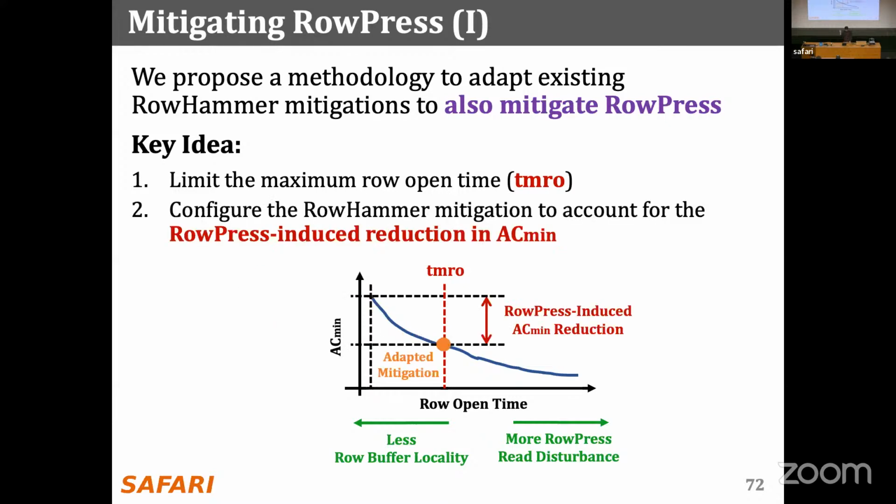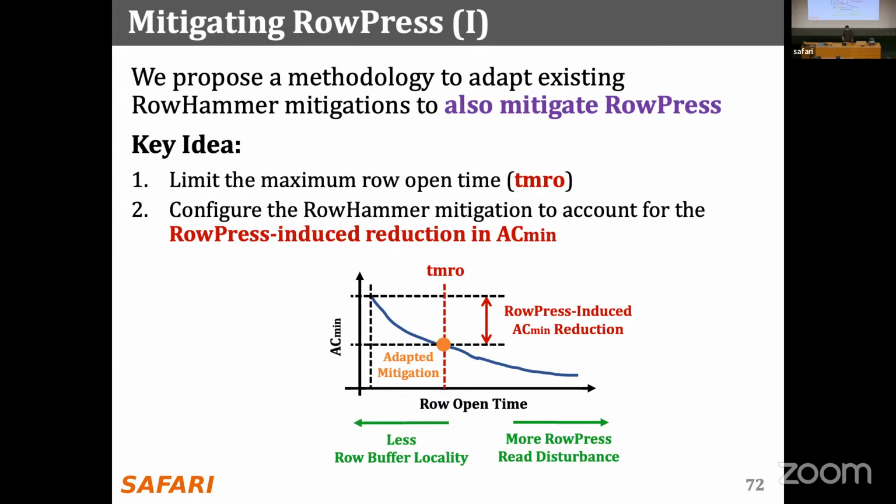Then, based on this configured maximum row open time and the corresponding minimum aggressor row activation count needed to induce the first Bitflip, we configure the existing RowHammer mitigations to work at this point.